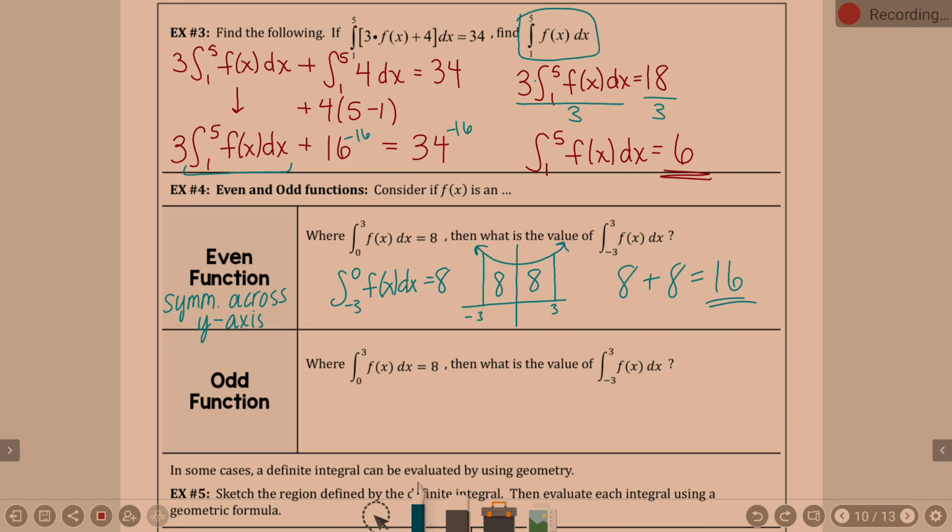Good to understand. Odd function. They're not symmetric across the y-axis, they're symmetric across the origin. Okay, an odd function is symmetric across the origin. It has that diagonal symmetry. And so, where the integral from 0 to 3 of f of x dx equals 8, what is the value of the integral from negative 3 to 3 of f of x dx?